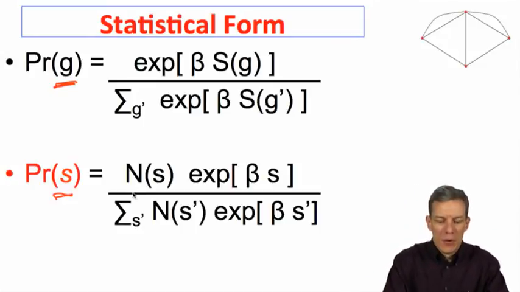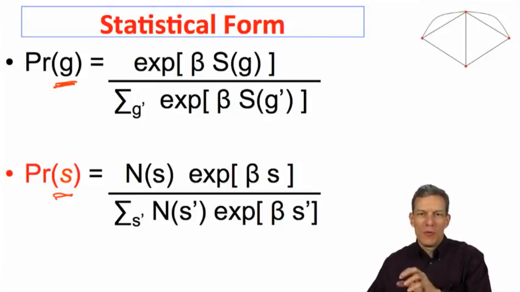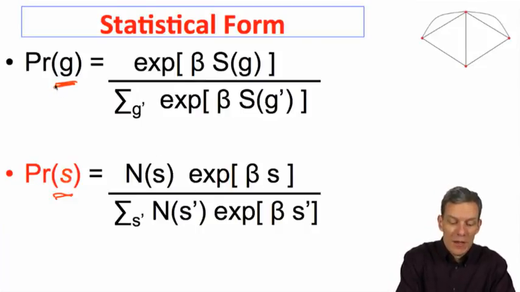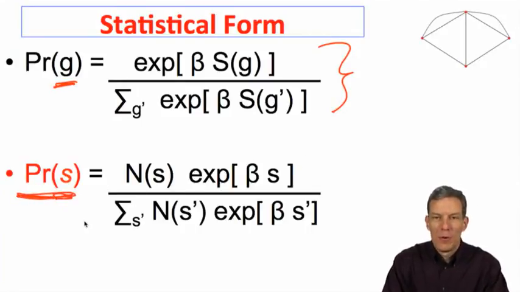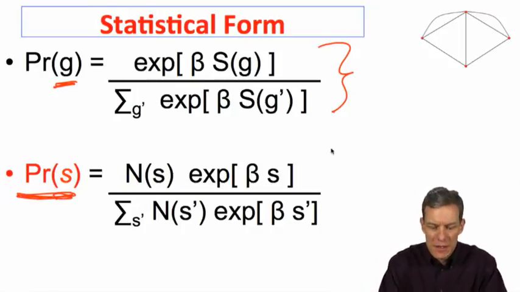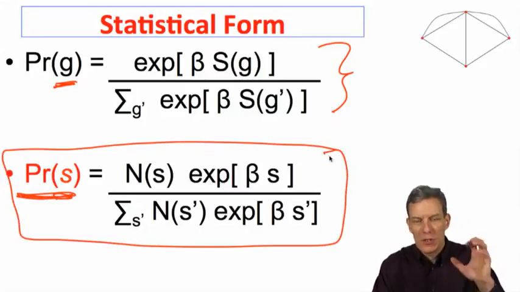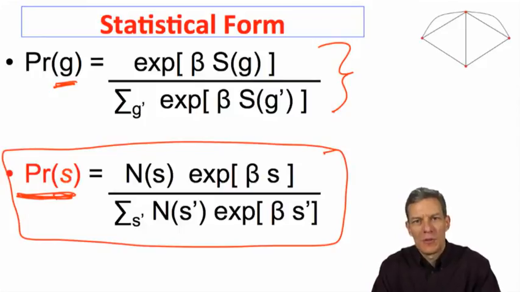Well, that's just the number of networks that have that number of links and triangles. They all have the same probability, so you can just multiply this probability up. If this is the probability of seeing one graph with those characteristics, this would be the probability of seeing that number of links, that number of triangles, that realization of statistics. So we've got a statistical form where we've collapsed things into the relevant properties that we really care about in terms of the network.